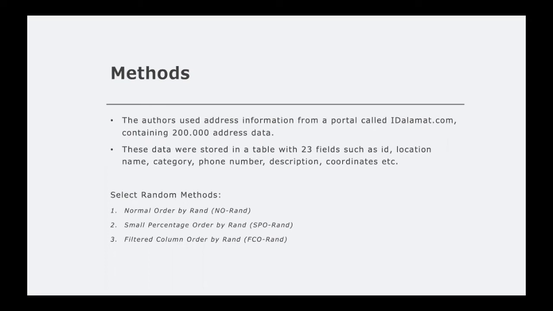And finally, the third method that the authors used was the filtered column ORDER BY RAND, or FCO-RAND, which works basically in the same way as select random in the first method, but in this case, the difference is that the random process is limited to only one column.